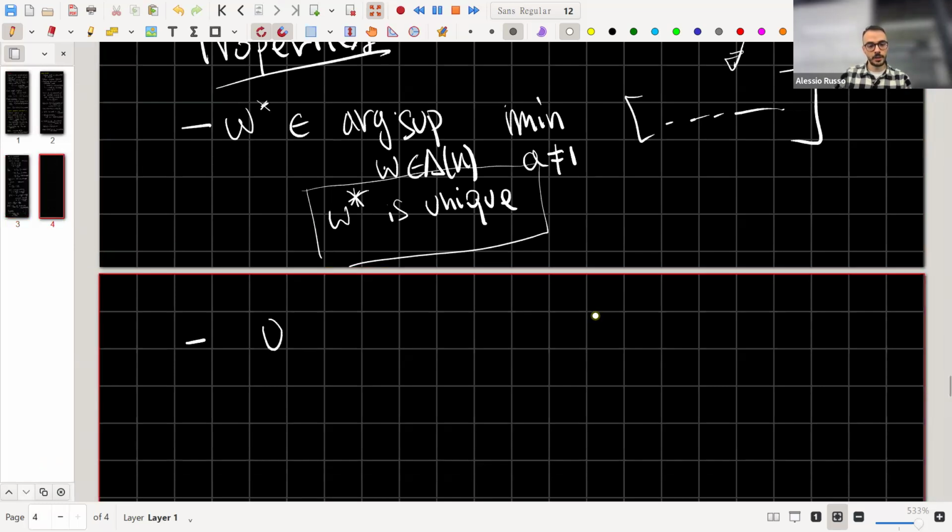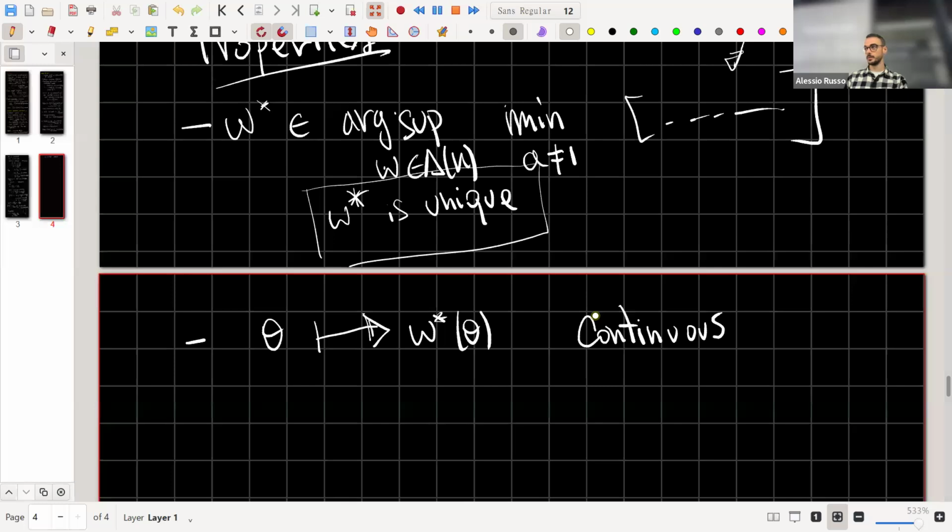Another important thing is that the mapping from models to optimal solutions is continuous. This is another extremely important property that we will use in the derivation of the algorithm.